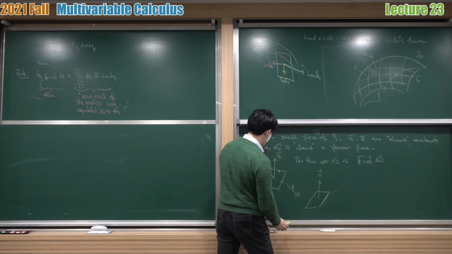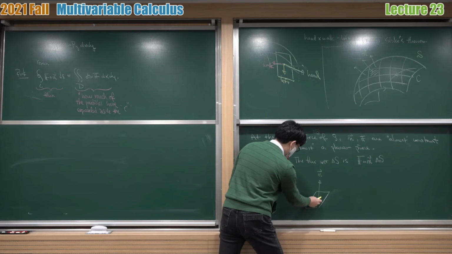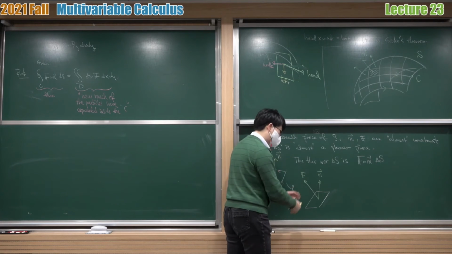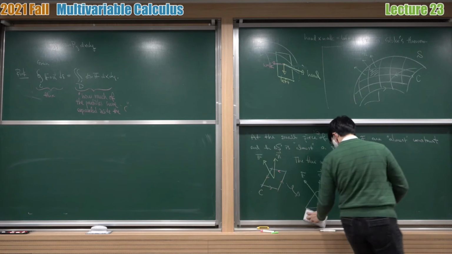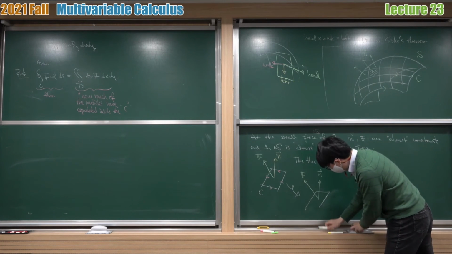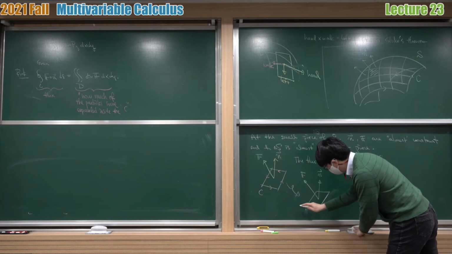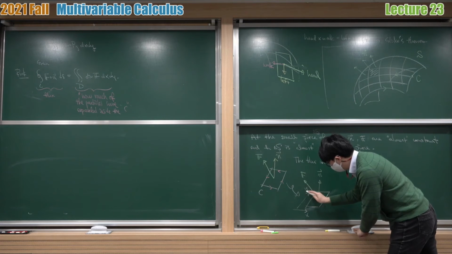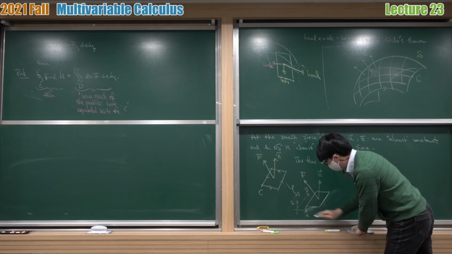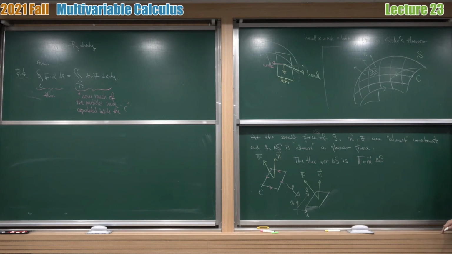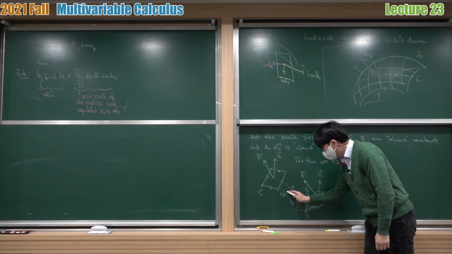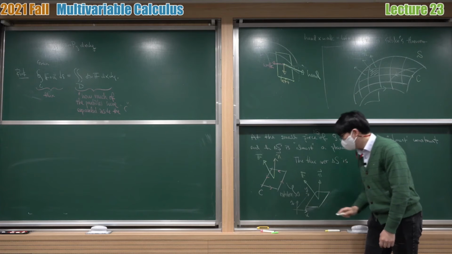So, okay, this direction is my F. So F is also rotated, okay? So let's say this is the x, y direction, and this is the z direction. So I make it flat by rotation. And then what?